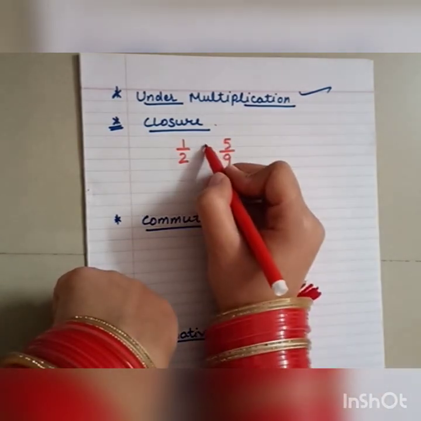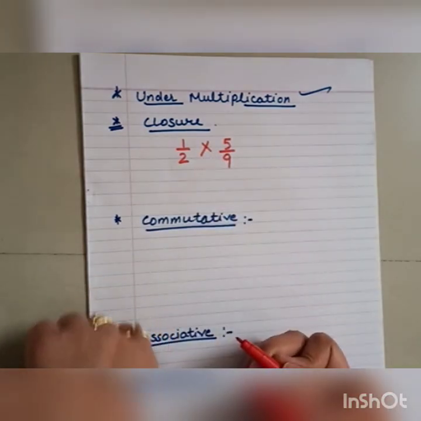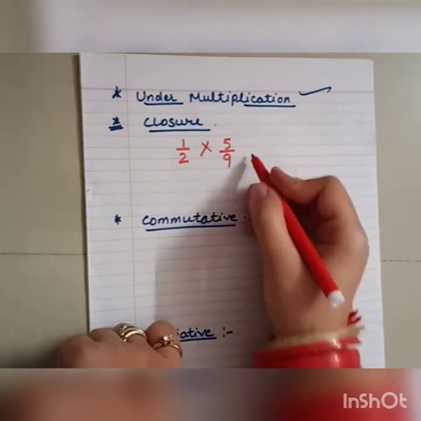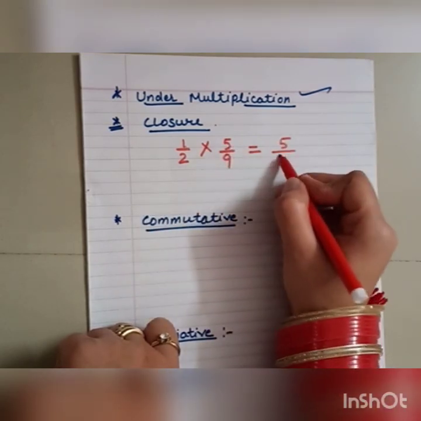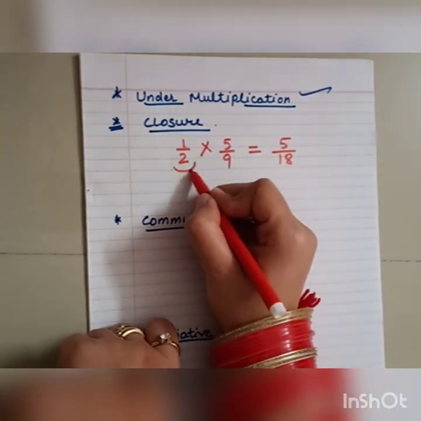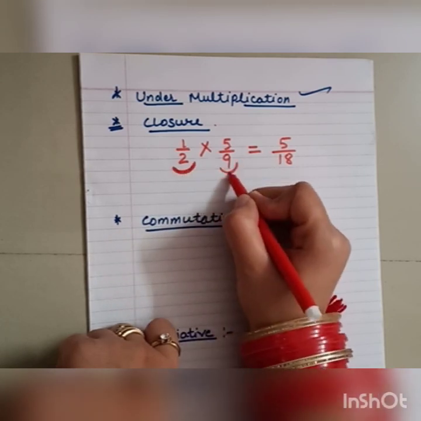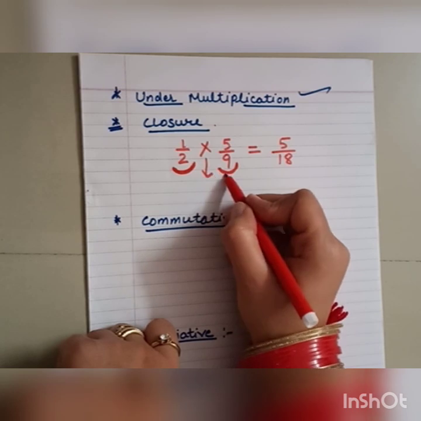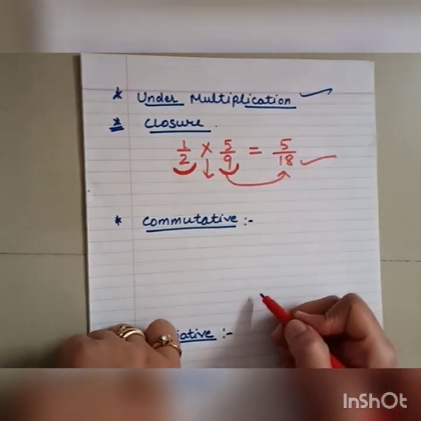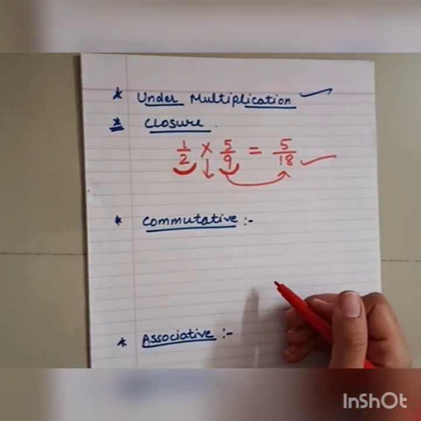When you multiply these two, what do we get? 5 into 1 is 5, 9 twos are 18. When we multiply these two rational numbers, our answer is also a rational number. So the closure property is satisfied for rational numbers under multiplication.